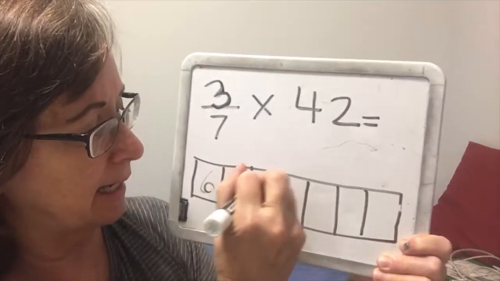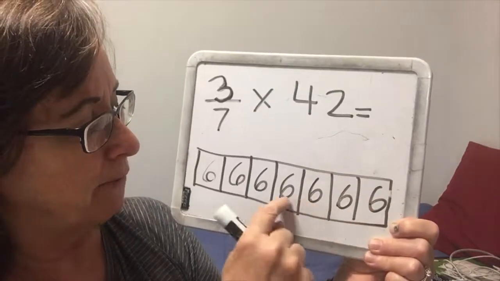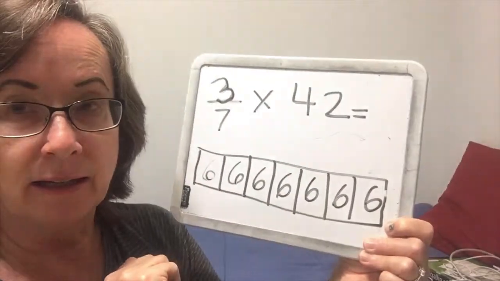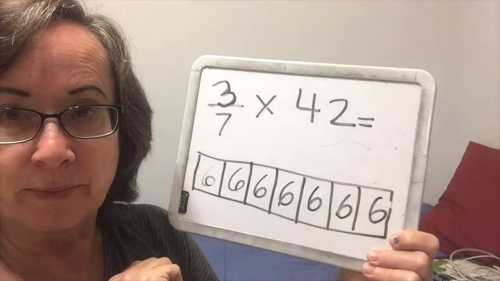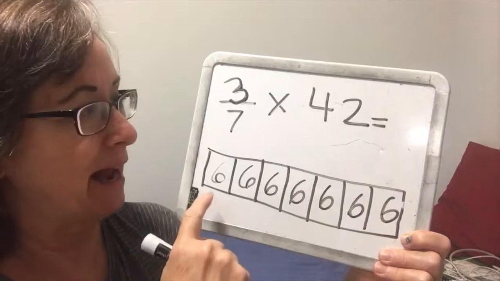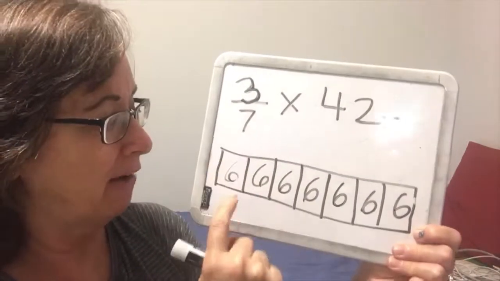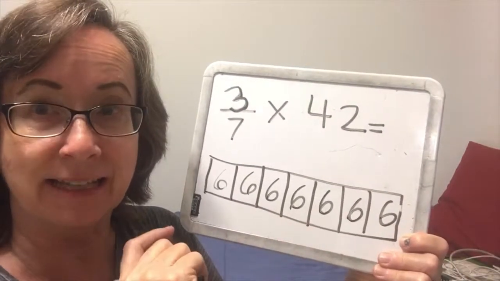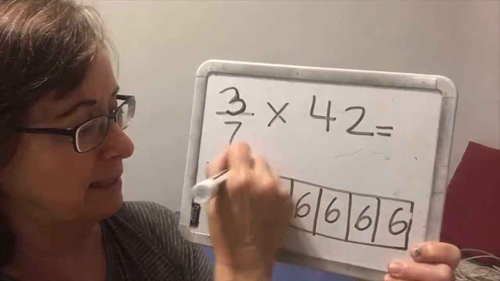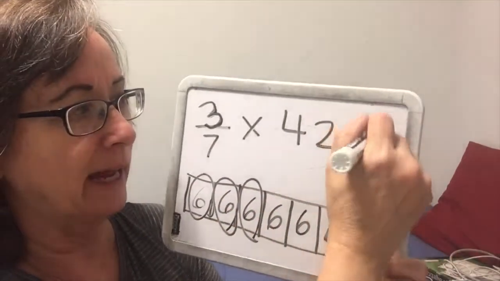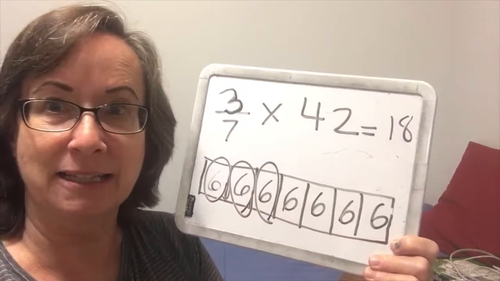So 6, 6, 6, 6, 6, 6, 6. 1, 2, 3, 4, 5, 6, 7 sixes. 7 times 6 is 42. So now that we've divided the 42 into sevenths and found that each seventh is a 6, then 3 groups would be 6, 6, 6, or 18. Isn't that easy to visualize it this way?